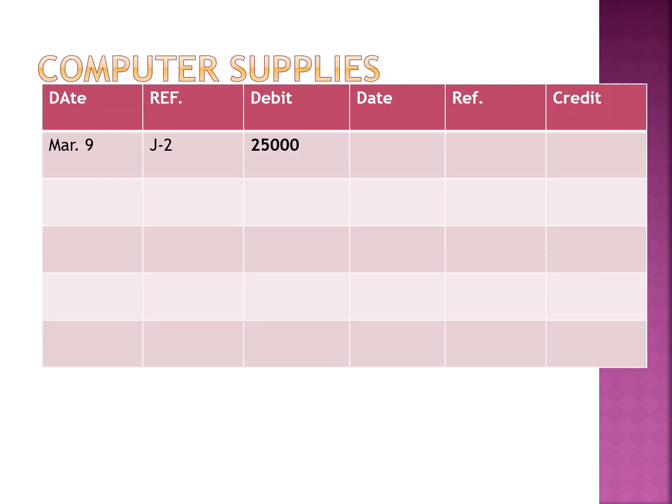Computer supplies also has only one entry in our journal book, on March 9, slide number 2, so the reference is journal page 2. The debit amount was 25,000. You can already place a double rule for the 25,000 because this is the final balance of your computer supplies.